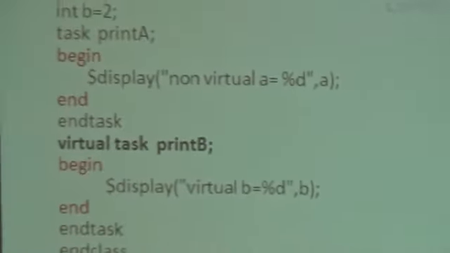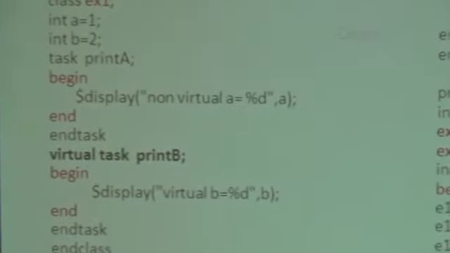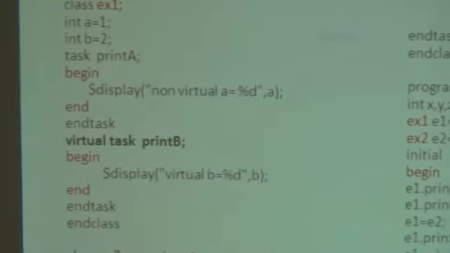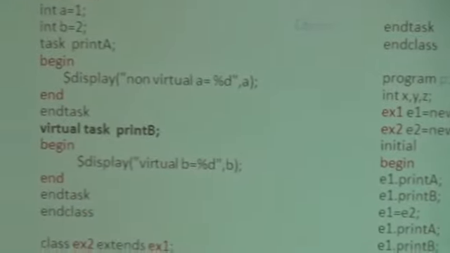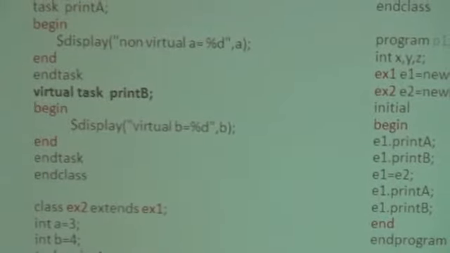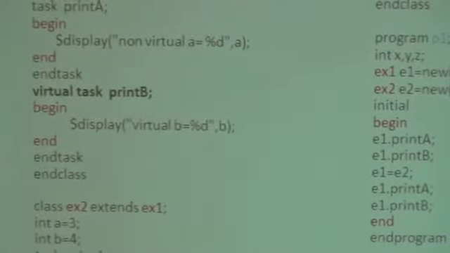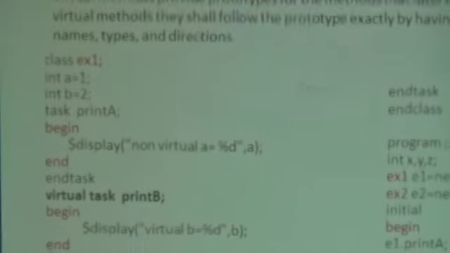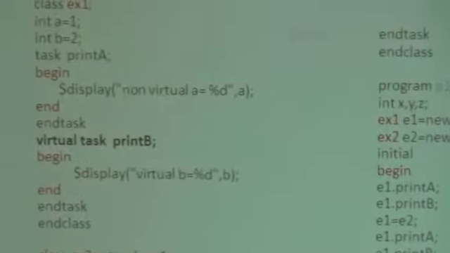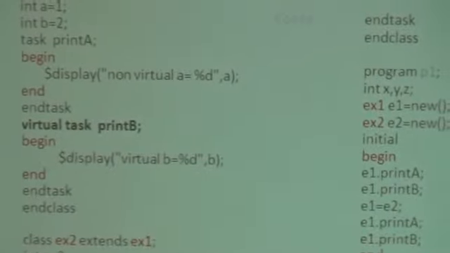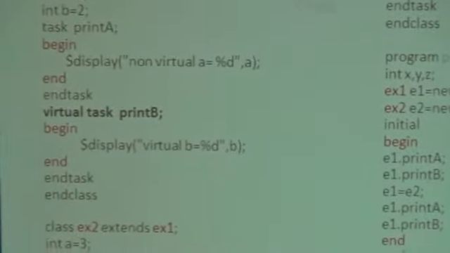Since I am accessing both my super class and my derived class using the same object handle, if there are any methods declared virtual in both the superclass and derived class, they will be overridden. That means the virtual task print b in the derived class overrides the virtual task print b in the parent class.